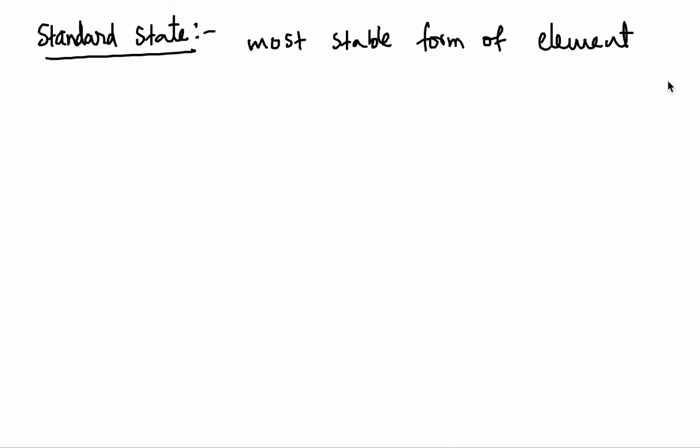This is for elements. And for compounds, we can take any compound, so no need to worry about the standard form as for elements. A compound is unique, and at what conditions? At 298 Kelvin and 1 atmosphere, that is known as the standard state.